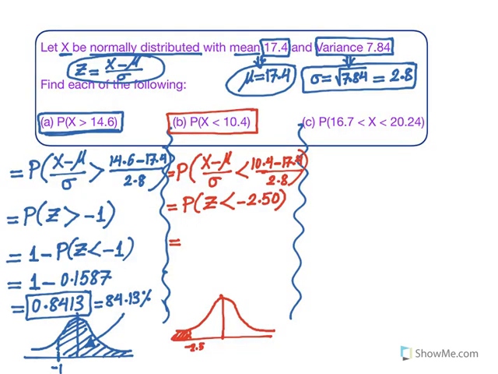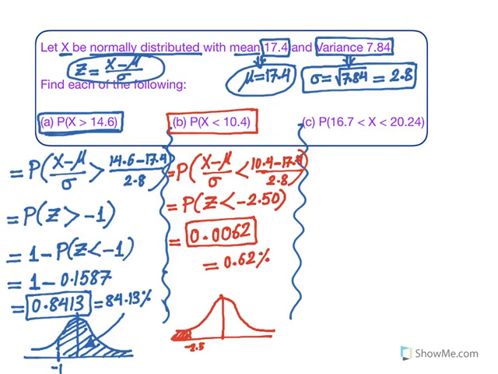So this probability is 0.0062. If you want it as a percentage, this is 0.62%. So it's less than 1%.